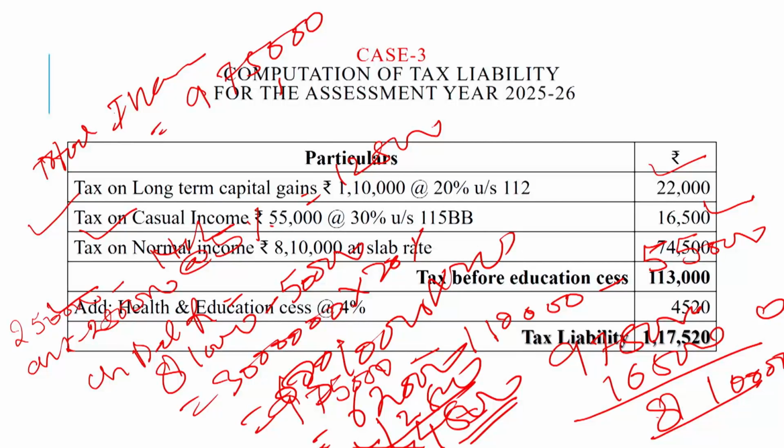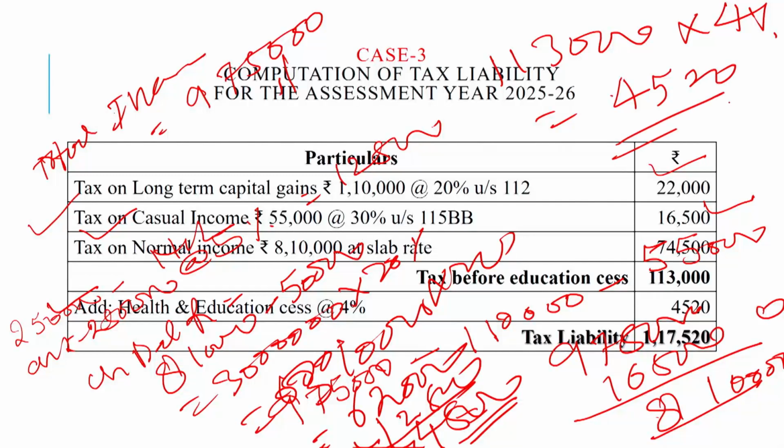It is given on the slide. So 74,500 plus 16,500 tax on casual income plus 22,000 tax on long-term capital gain will be included. Then the resulting value is treated as tax before cess: 1,13,000. 4% health and education cess on 1,13,000 is 4,520.